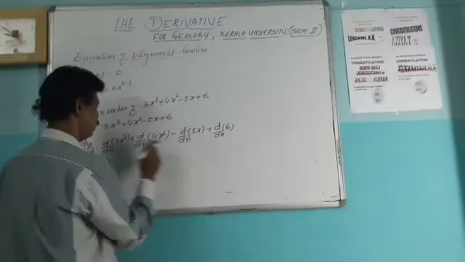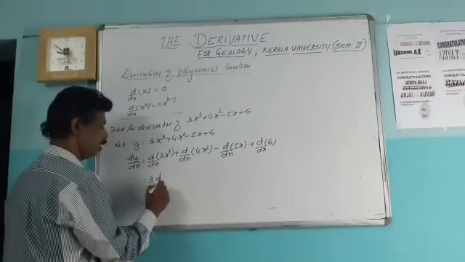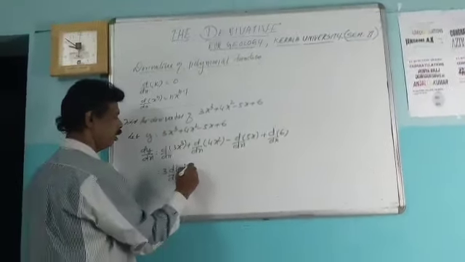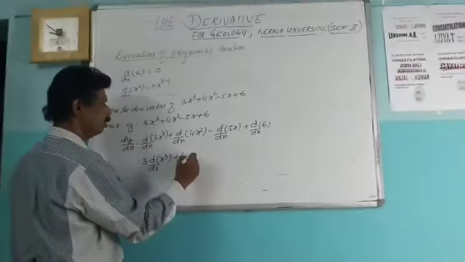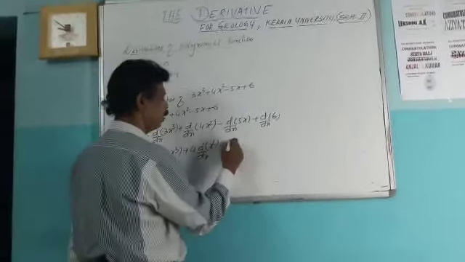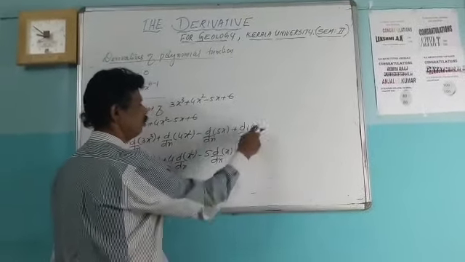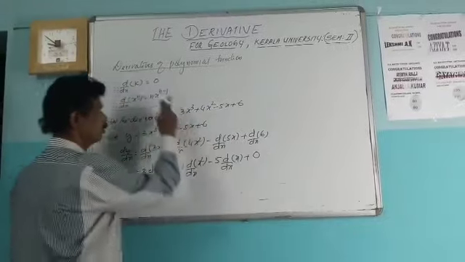Here 3 is a constant, take outside: 3 into d by dx of x³. Again 4 is a constant: 4 into d by dx of x², minus 5 into d by dx of x, plus the derivative of a constant, which equals 0.